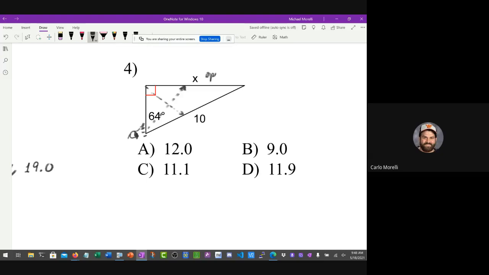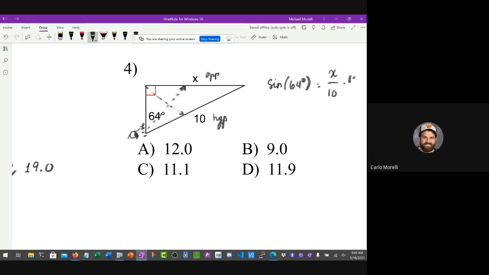So I have the opposite and the hypotenuse. That means I'm going to be using the sine function. So we write down the sine of 64 degrees is equal to x over 10.